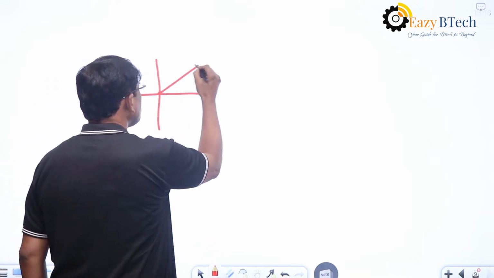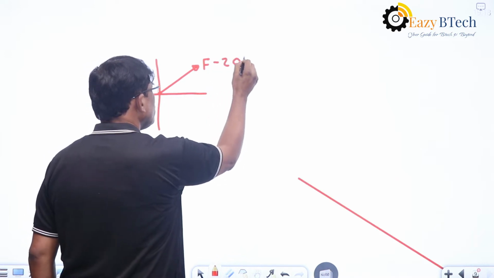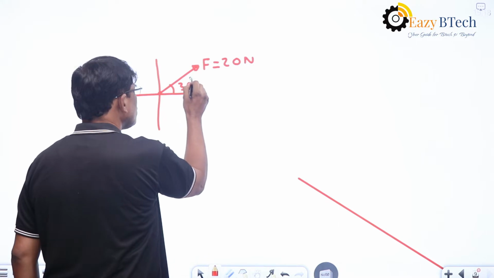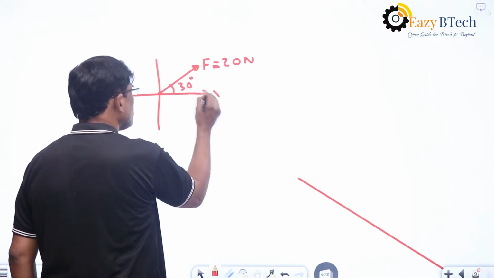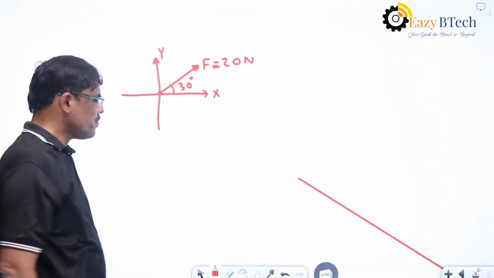So let us say a force is acting. The force of 20 newtons is acting at an angle 30 degrees with x-axis, and this one is y.